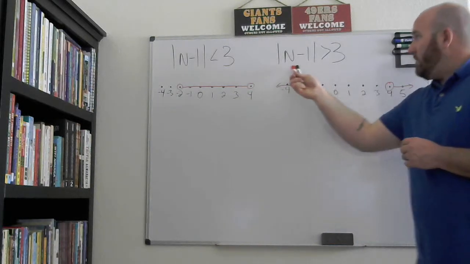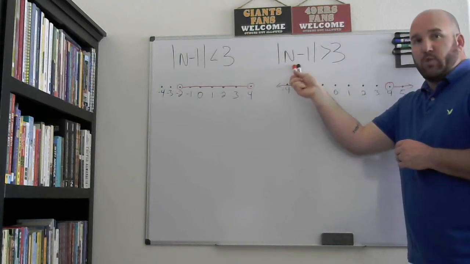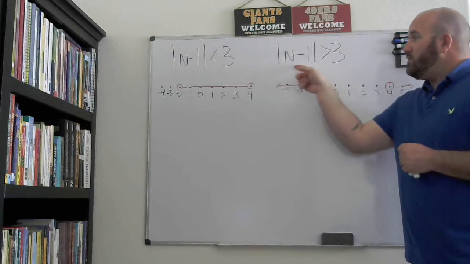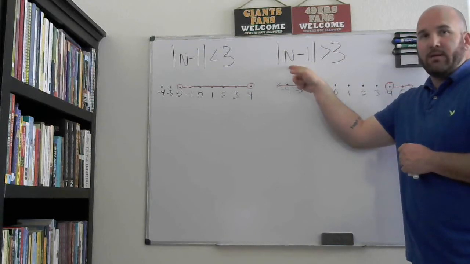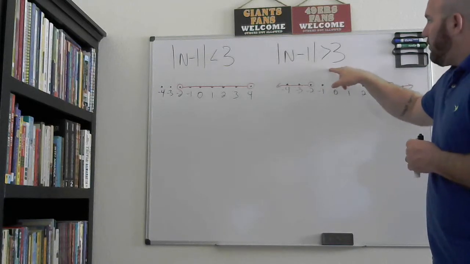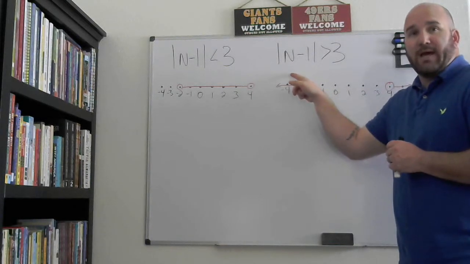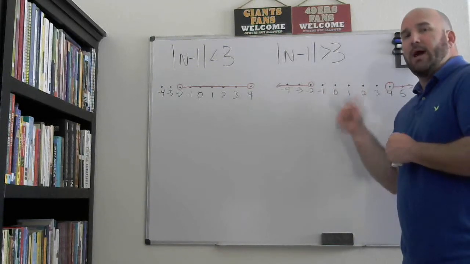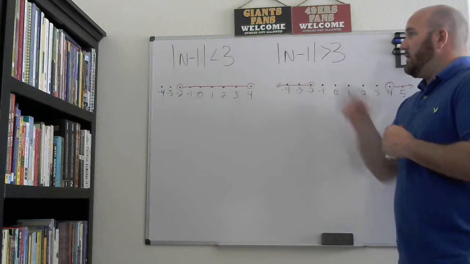And over here, the absolute value of n minus 1 is greater than 3. So any solution to n that you can plug in is going to be greater than 3. If you plug in a solution to n and it's less than 3, that does not make the inequality true, and that would not be a solution for this inequality.